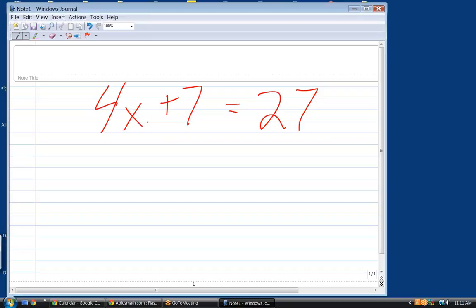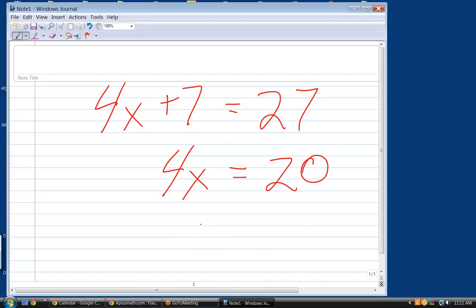In other words, another possible first step here, and I'm always going to recommend doing the additions and subtractions first, getting rid of those. How do I get rid of this plus 7? You minus 7. Okay, so the next line is going to be 4x, because there's no longer any 7 over there. And what's the right side going to be? 20. Okay, notice no fractions.